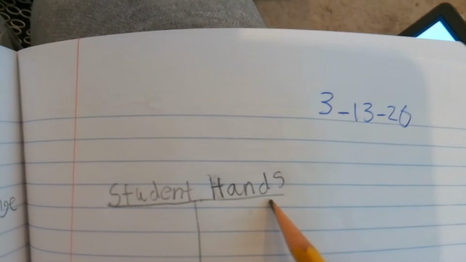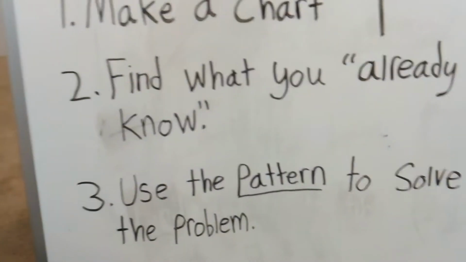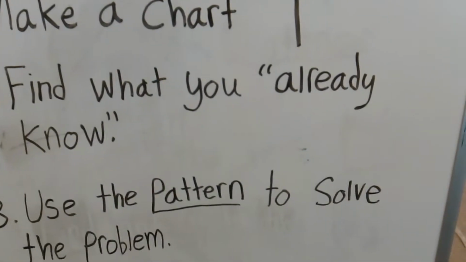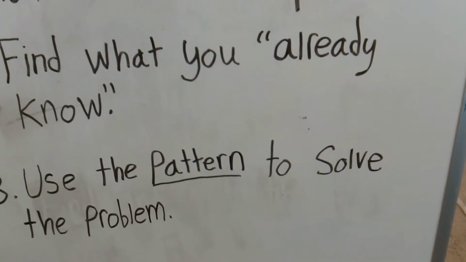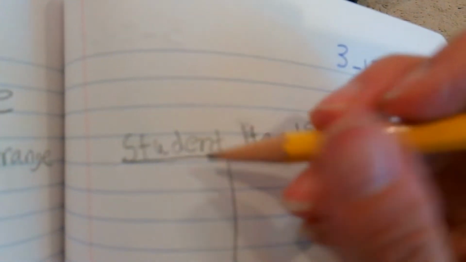All right, now that I have student and hands, I know I can sort my data. So I am ready for step number 2, which means I need to find what I already know about this problem. Typically speaking, one person, so I'm going to put a 1 here.